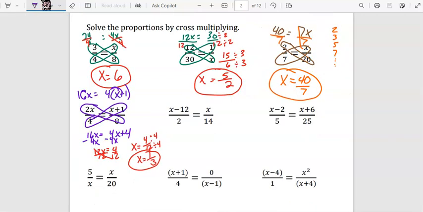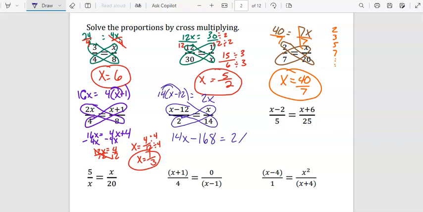x minus 12 over 2 equals x over 14. We'll cross multiply each side. We have 14 parentheses x minus 12 equals 2x. 14x minus 168 equals 2x.